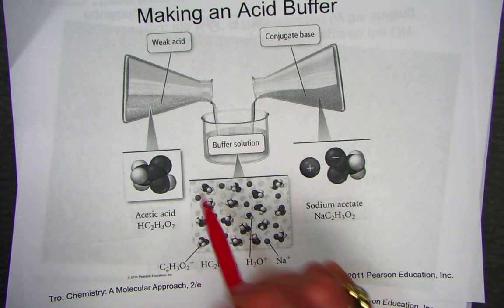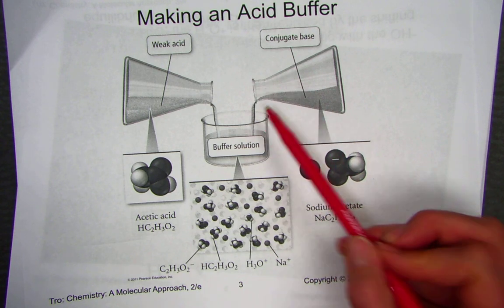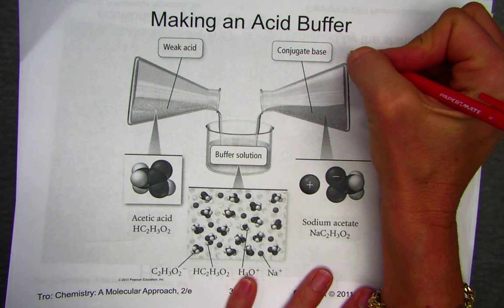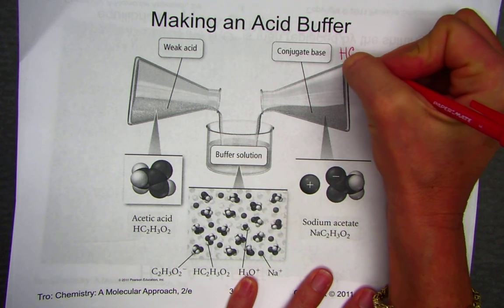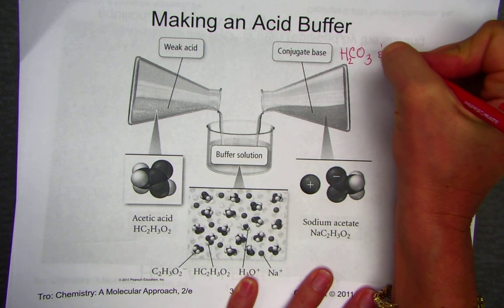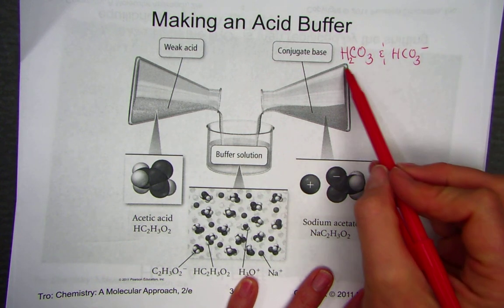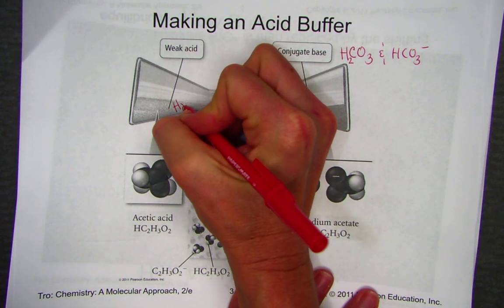So if I take a weak acid in this visual and a conjugate base, now conjugates come from the Bronsted-Lowry theory. Conjugate base only differ by a hydrogen ion. Think about what we just wrote, H2CO3, carbonic acid, and its conjugate base, the bicarbonate ion. These two are conjugate pairs that when poured together, let me draw that better.